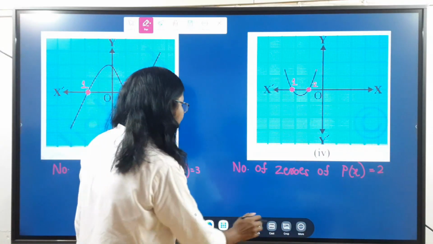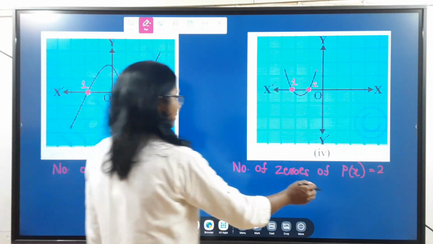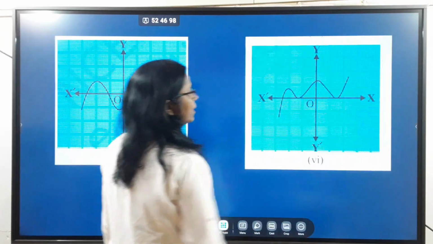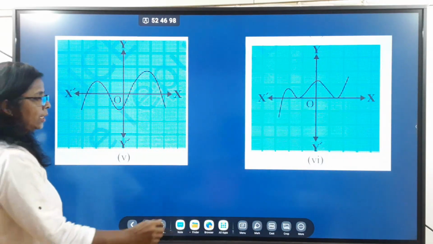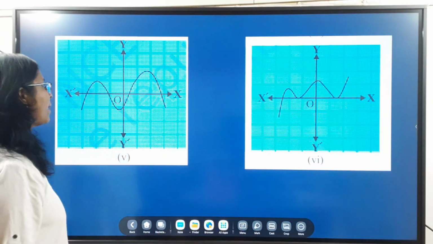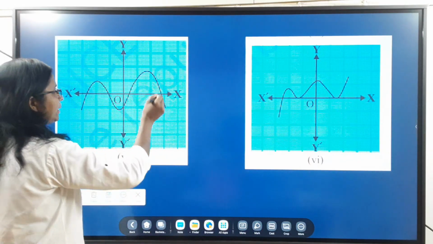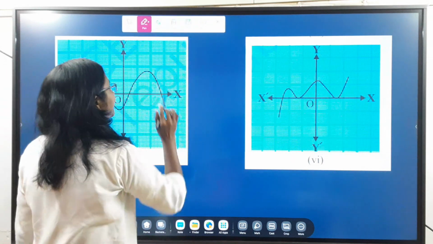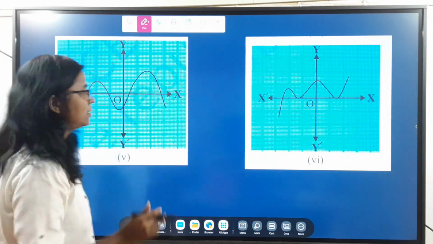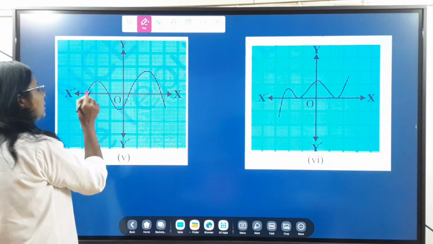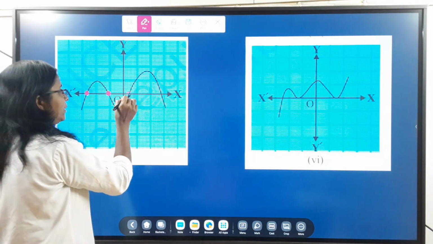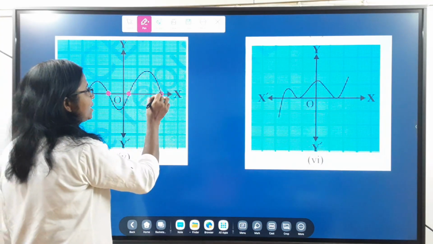Okay students, then see the next example, the fifth example. Now here in this fifth example, other than the x and y axis, there is a curved line, and that curved line intersects the x-axis at this point, at this point, at this point, as well as at this point.